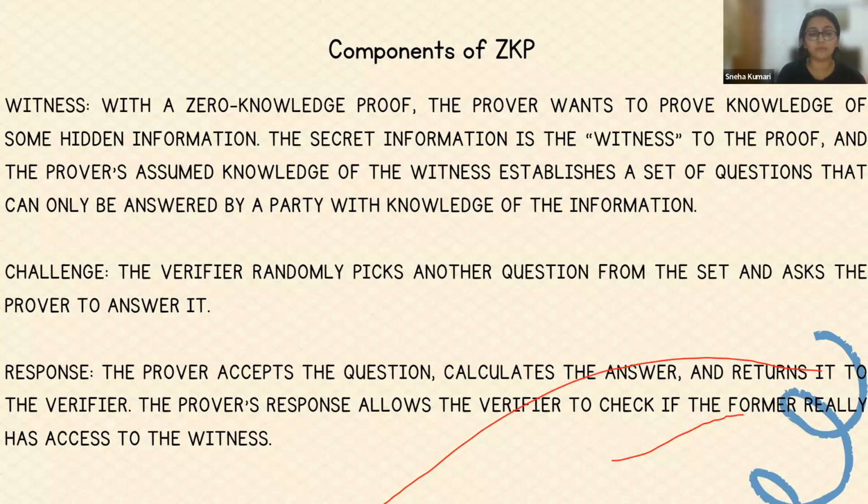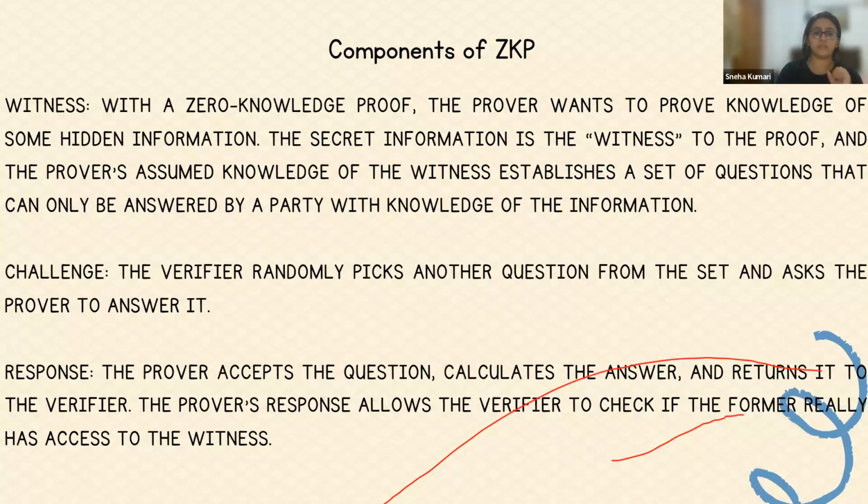The second component is the challenge, where the verifier will randomly pick another question from the set and ask the prover to answer it. Whatever claims I'm trying to make, the verifier will ask more questions and see every time if the answer is around the claim that I'm trying to make, right?